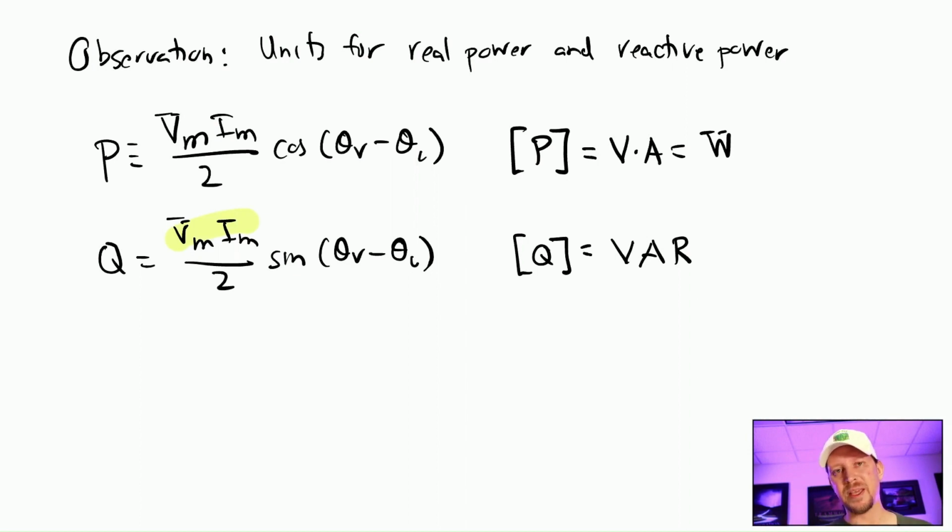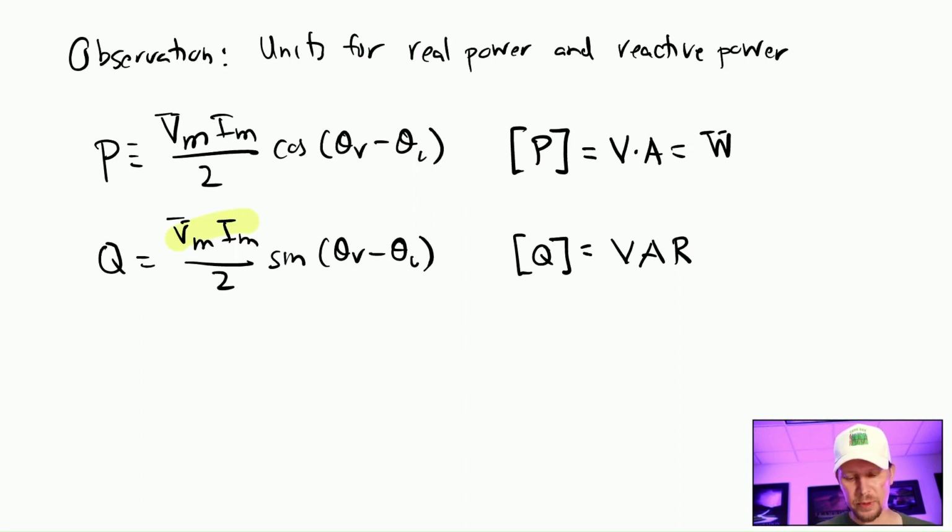It's misleading to give them the same unit because reactive power, even though it is present, cannot actually do any real work. These VARs are being stored within capacitive elements and inductive elements within your circuit, and then they're re-released into the circuit, but they can never actually do any sort of work whatsoever.